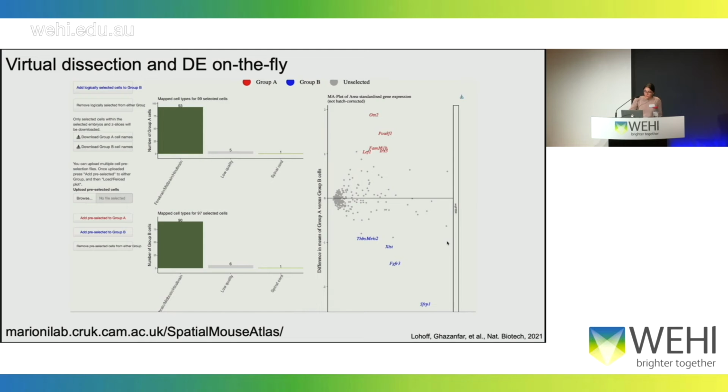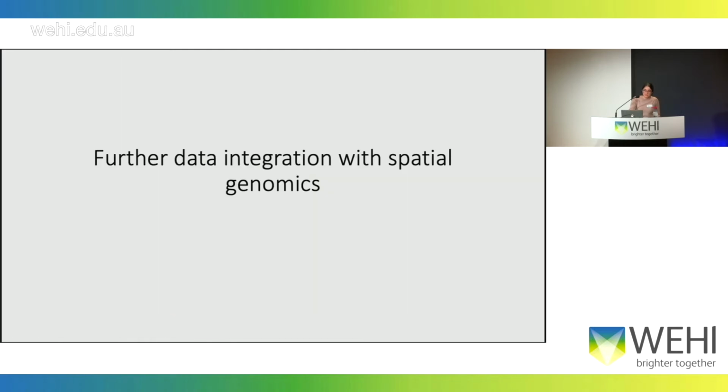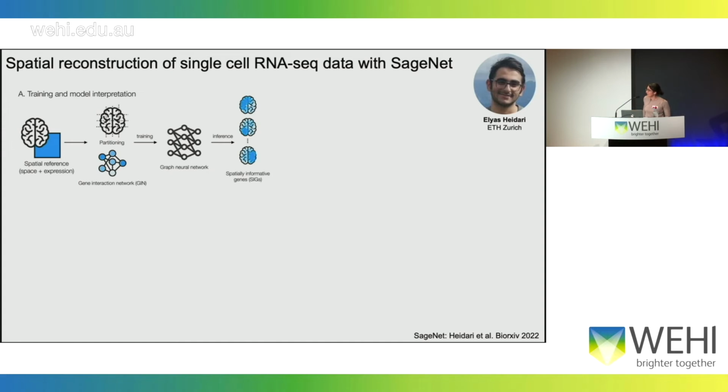Moving on from this, in the last five-ish minutes I want to switch into questions of further data integration with spatial genomics. One project that a very talented master's student who came over from Zurich did with me was to look at spatial reconstruction of single-cell RNA-seq data.